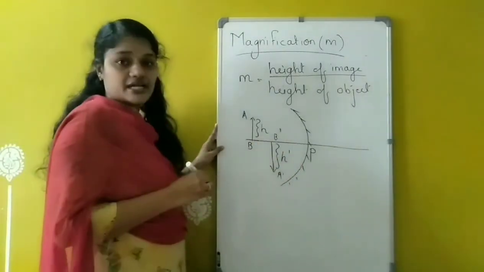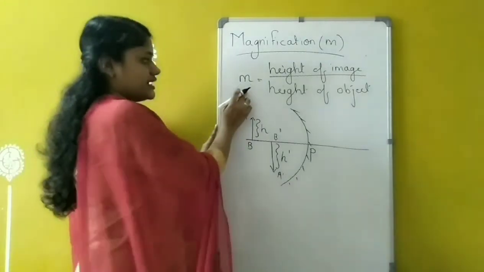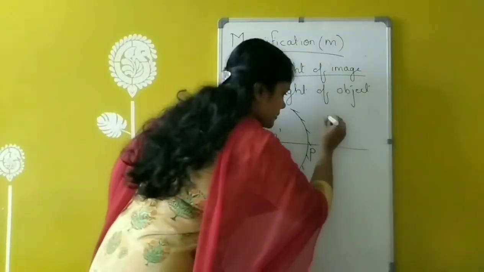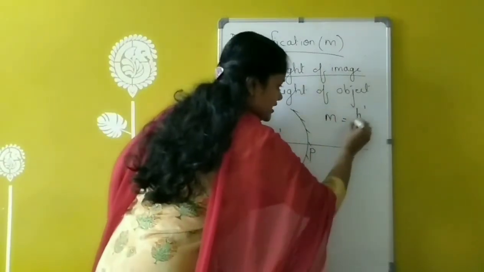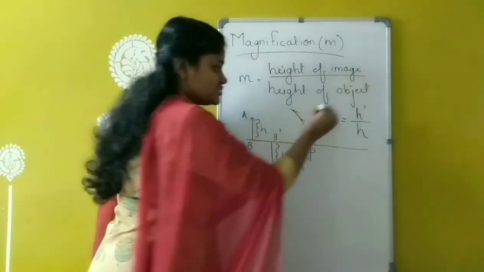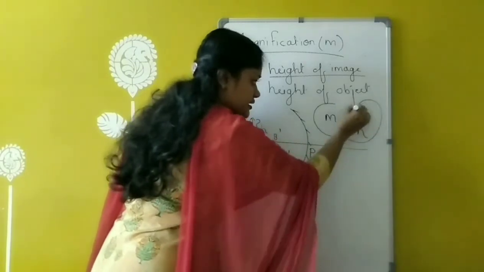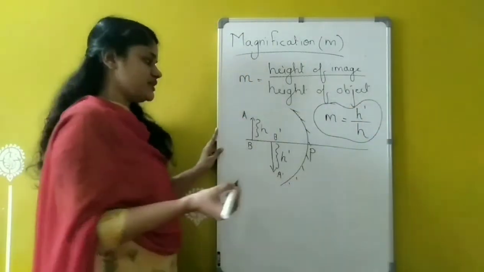So H dash is the height of the image. Then magnification is given by M equals H dash divided by H. This is one formula for magnification, and we have one more formula for magnification.